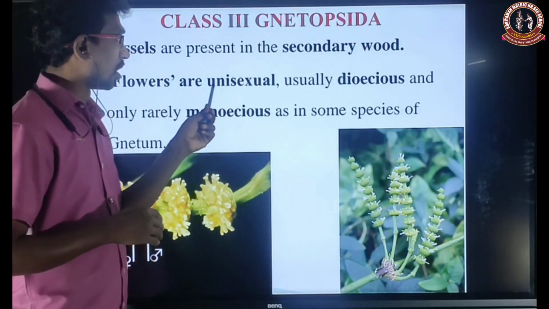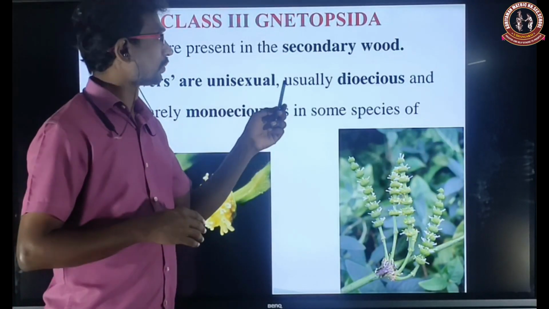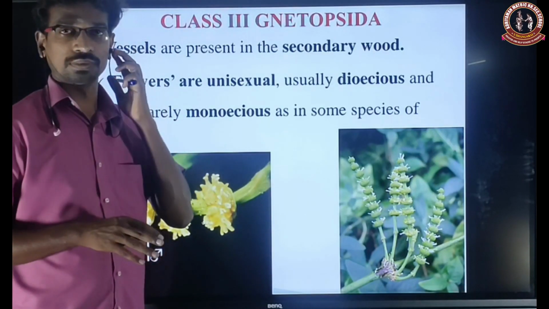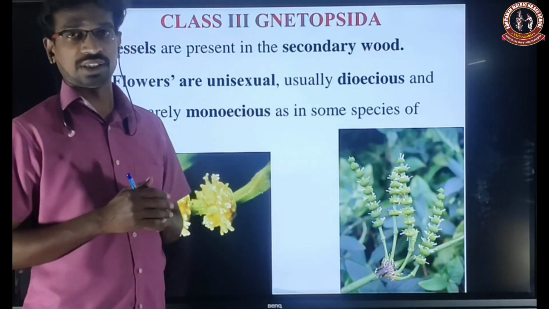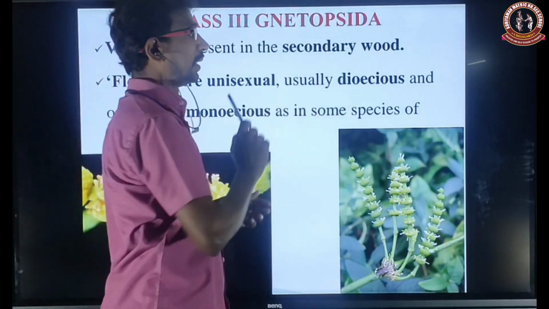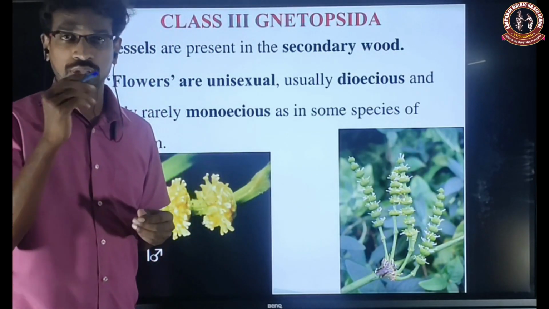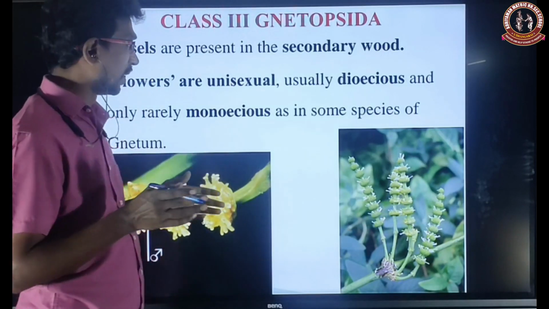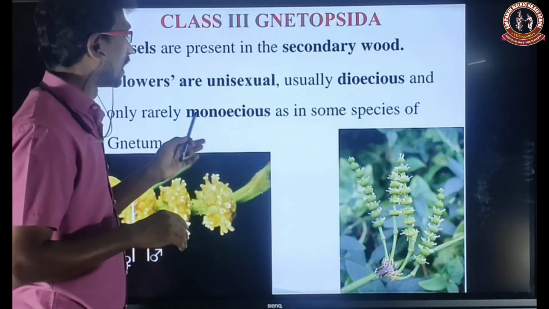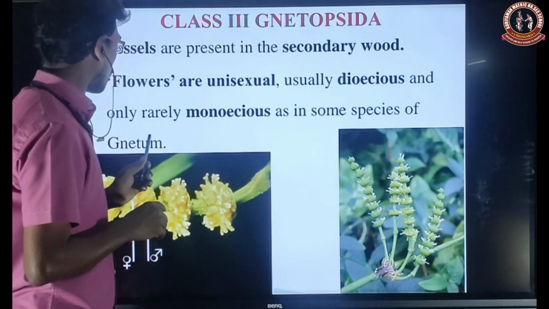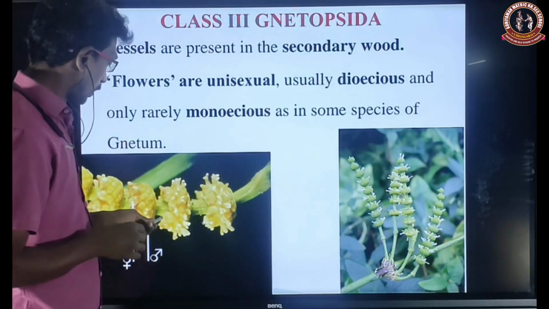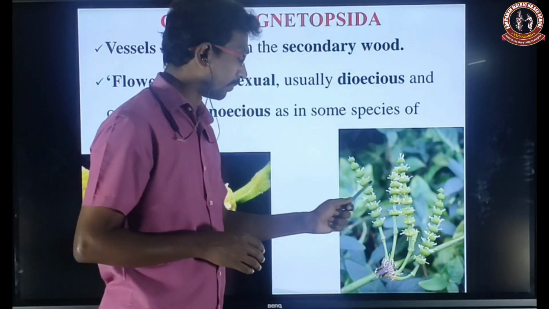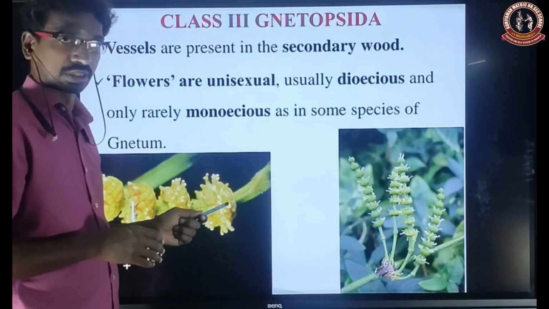The flowers are unisexual, usually dioecious. Dioecious means the male and female sex organs are present in different individuals. Only rarely monoecious, in some species, where the male and female sex organs are present in the same inflorescence.